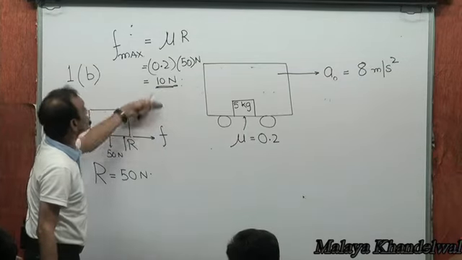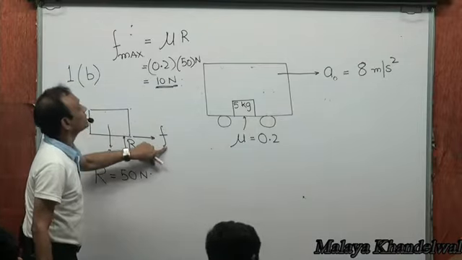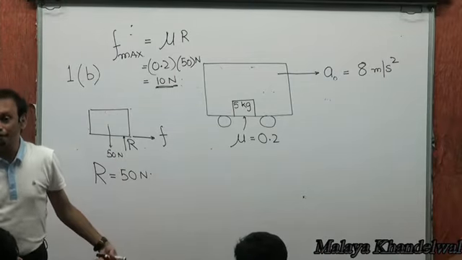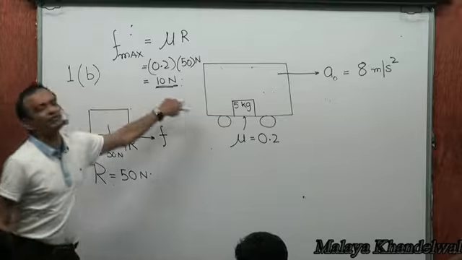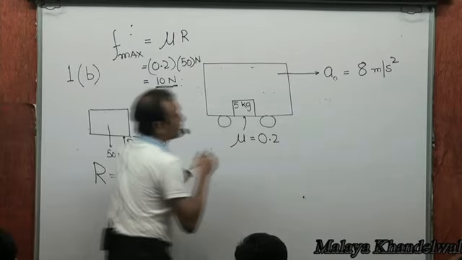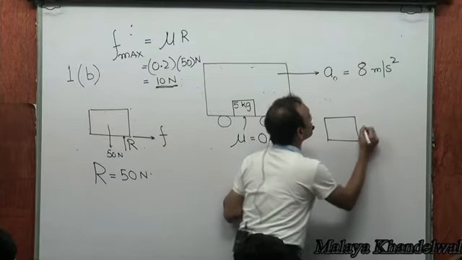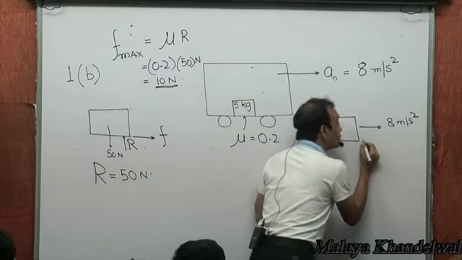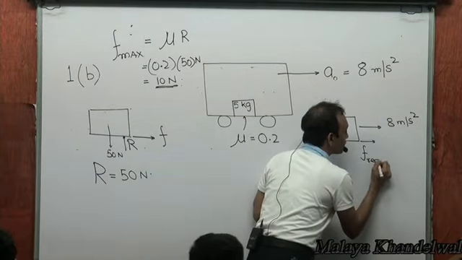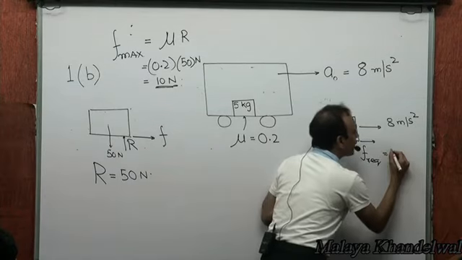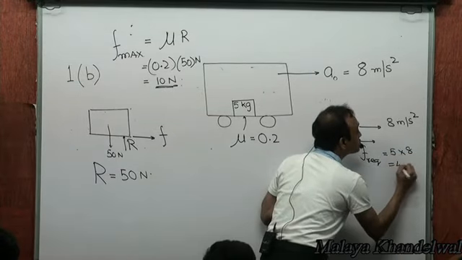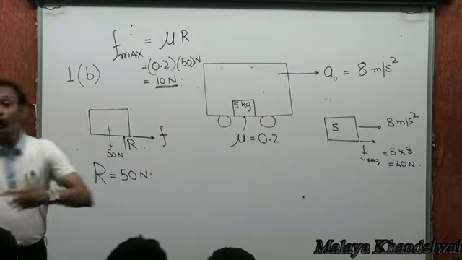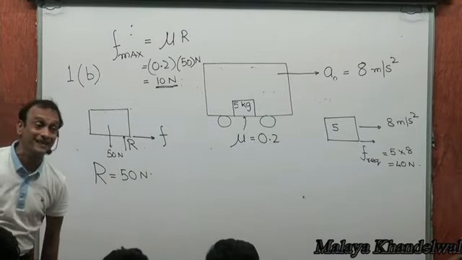Now, whether this 10 newtons is good enough for the block to have a rightward acceleration of 8 meters per second squared: if the block required that, then the required frictional force, this being a 5 kg block, would have been 5 into 8, which is 40 newtons.